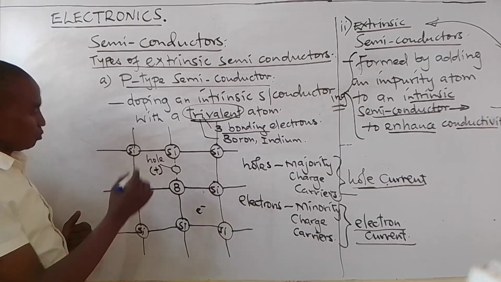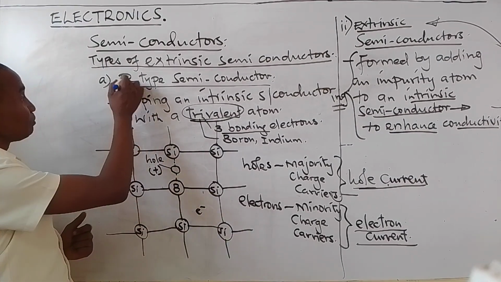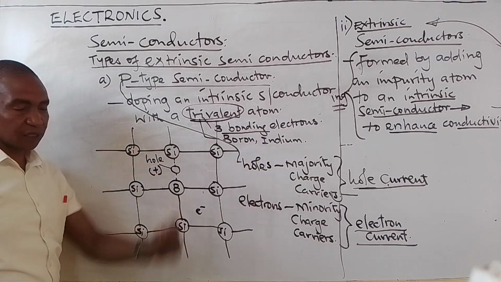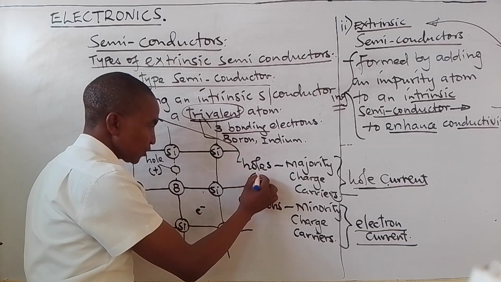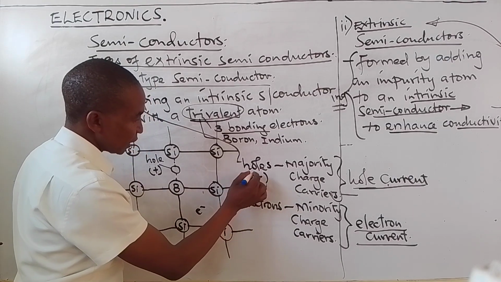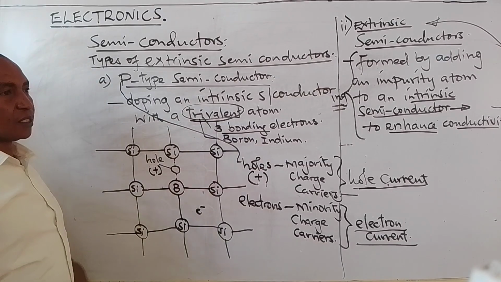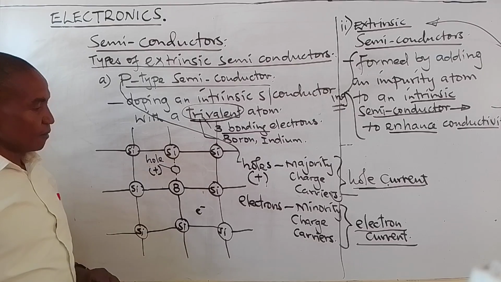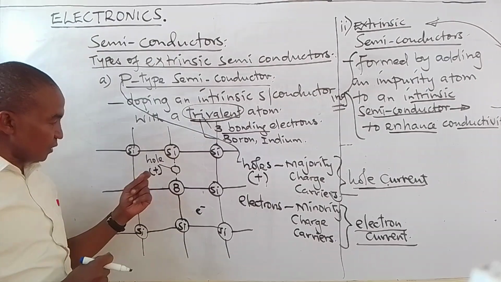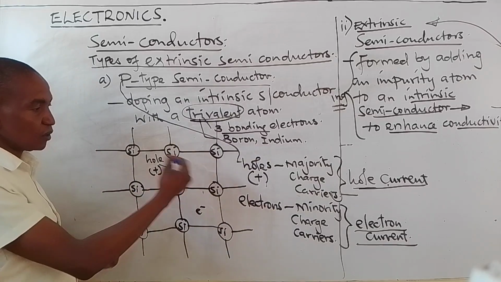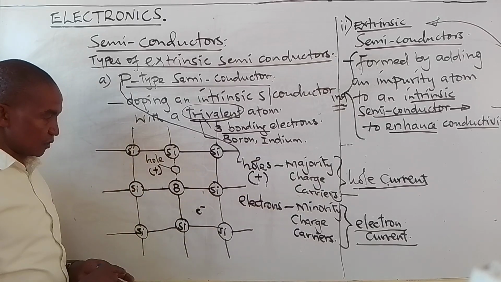I may want to associate this P with the holes being the majority charge carriers, because the holes are positive. When the positive holes are the majority charge carriers, the semiconductor is called a p-type. But one thing we should know is that the whole crystal is not positively charged.